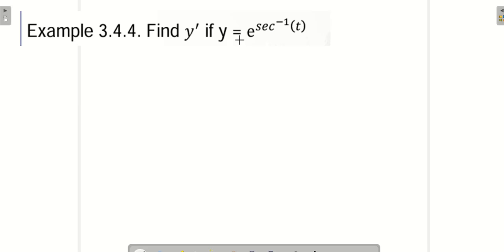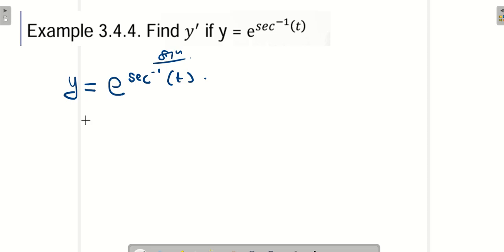Find y prime if y is equal to e to the power sec inverse of t. Now here, it is appropriate to use the u substitution.